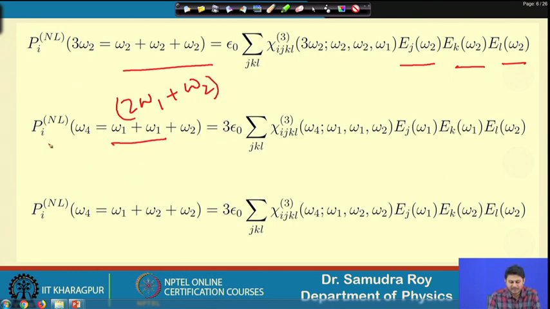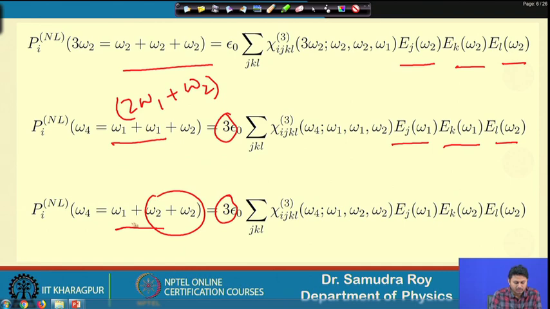In that case, what happens? I need to add 2 same frequency components, omega 1 and omega 1, and 1 different frequency component, that means another field will be multiplied, and that is why we will have a term 3 here. In a similar way, we have a degeneracy factor 3 here because again we have 2 omega 1 and 1 omega 2.